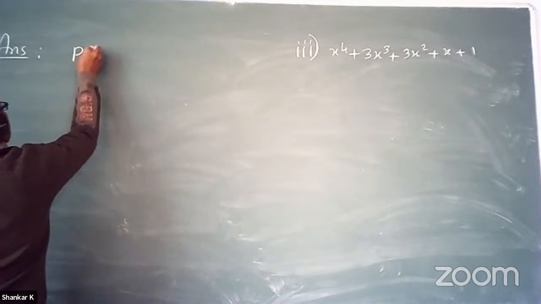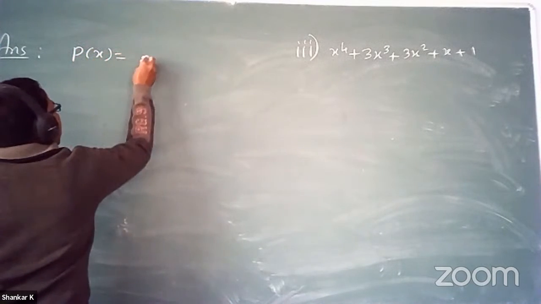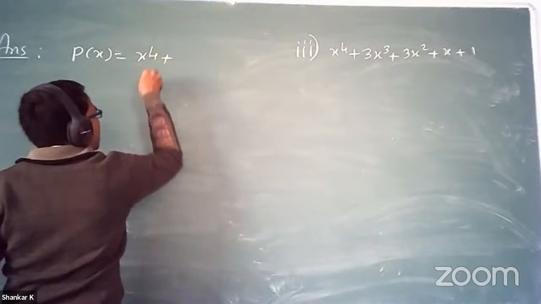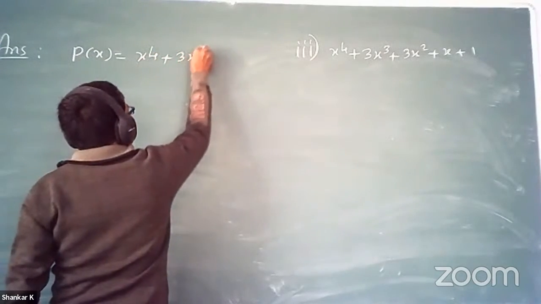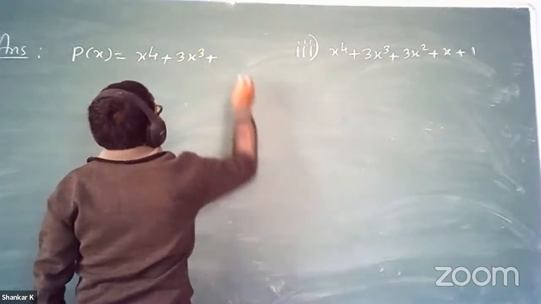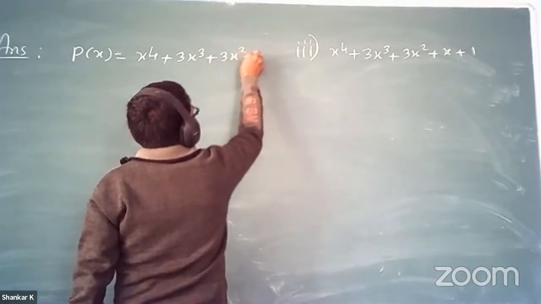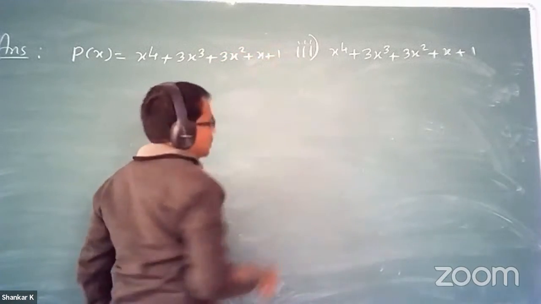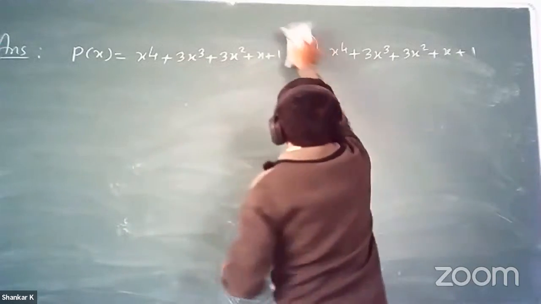Answer: p of x equal to x raised to 4 plus 3x cube plus 3x square plus x plus 1. This is the given polynomial.